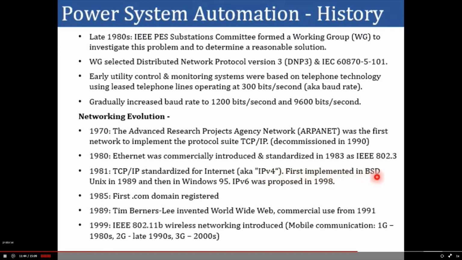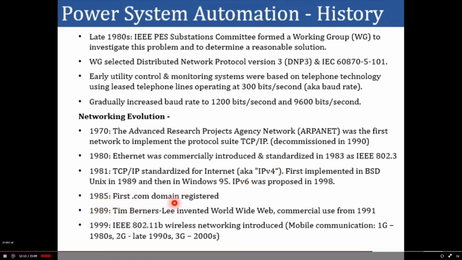Now the first implementation of TCP/IP was in BSD Unix in 1989, and then in Windows 95. Later on in 1998, IPv6 was also proposed, because at that time we forecasted that the number of IP addresses available in IPv4 would soon be exhausted.